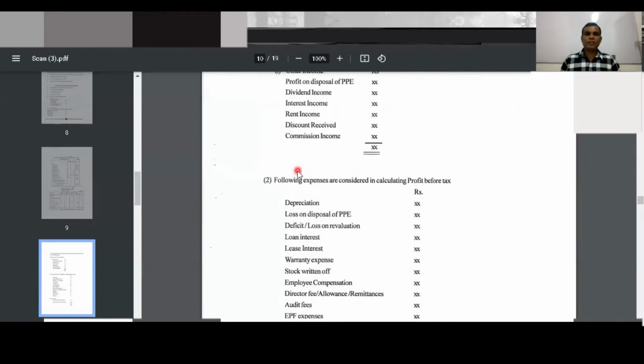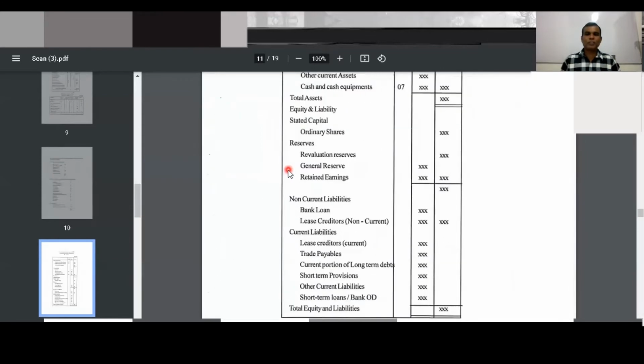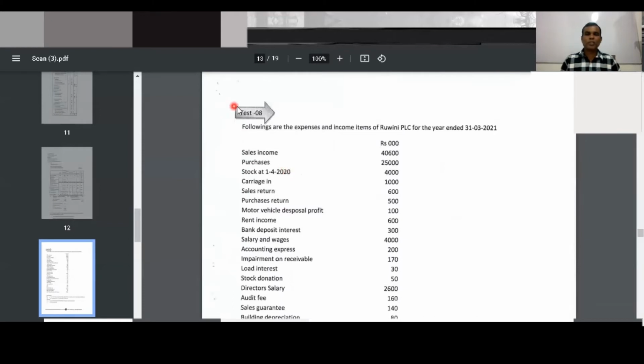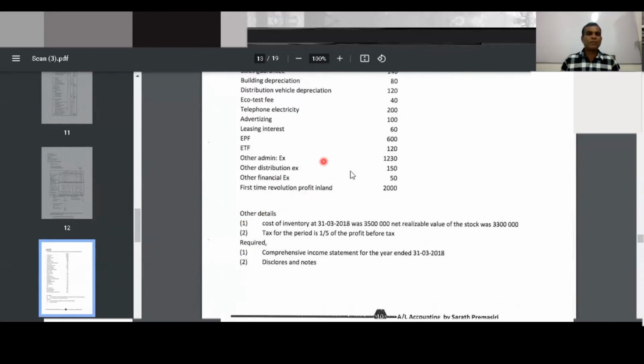Now I'll give you simple examples to be done so that you can understand well. Please turn to test 8. Following are the expenses and income items of Rovini PLC for the year ended 31st May 2021. These are the expenses and incomes of the business.